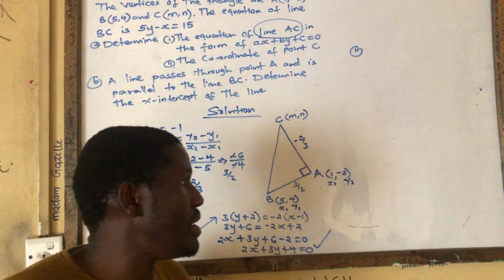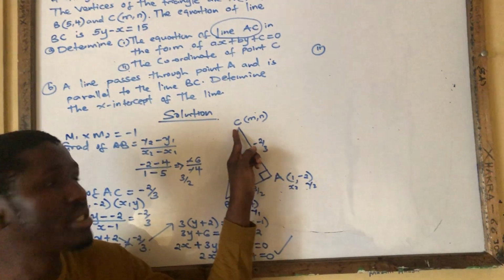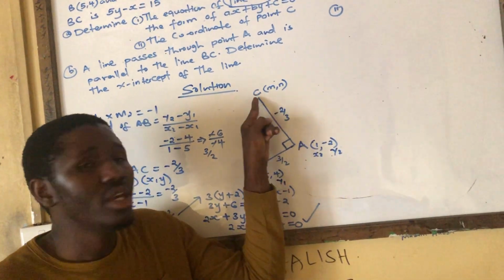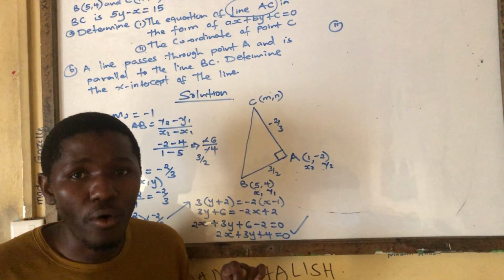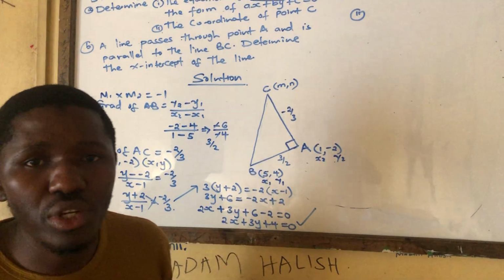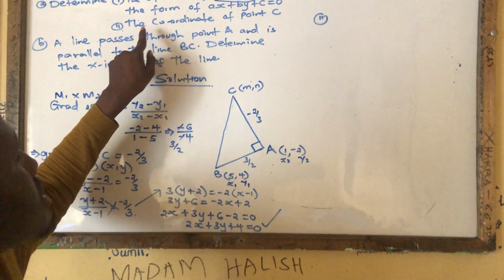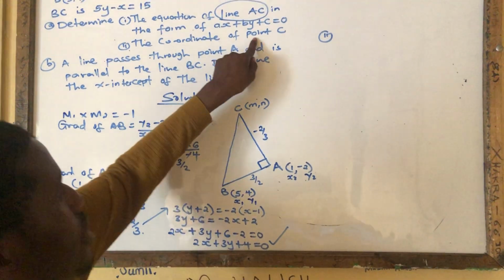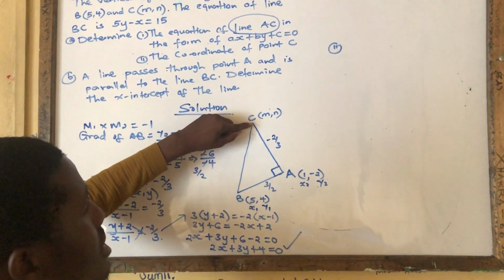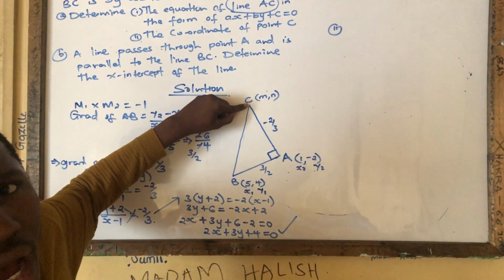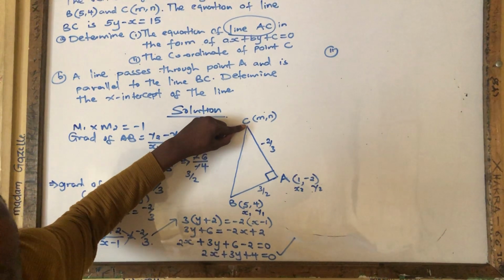And you'll agree with me that C is the point where line BC and line AC are meeting. Therefore, C is a point of intersection, which implies that if we must obtain the coordinate of point C, then a student will be required to look for C as a point of intersection.